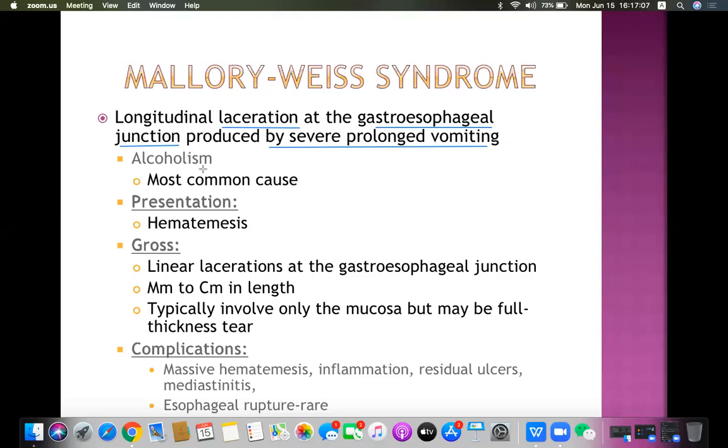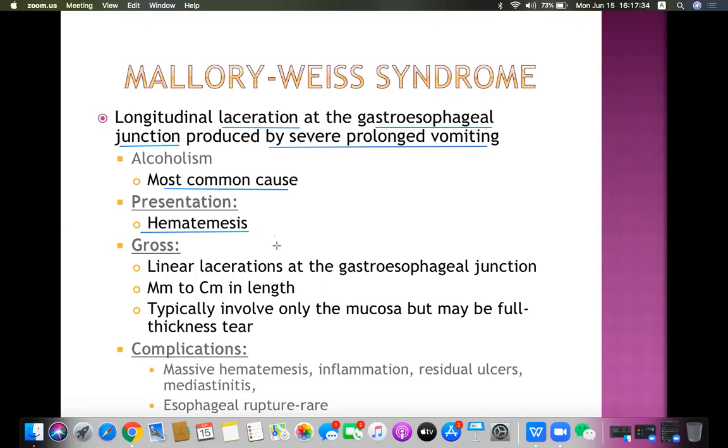So alcohol intake is the most common cause. So we need to take a good history. Do you drink alcohol or not? We need to ask that question. Regarding the presentation, the most common one is hematemesis, which is vomiting of blood. Another one is melena. Melena occurs if there is massive bleeding. Now remember, where is the bleeding occurring?